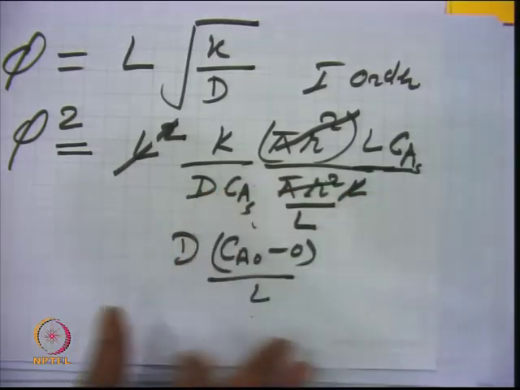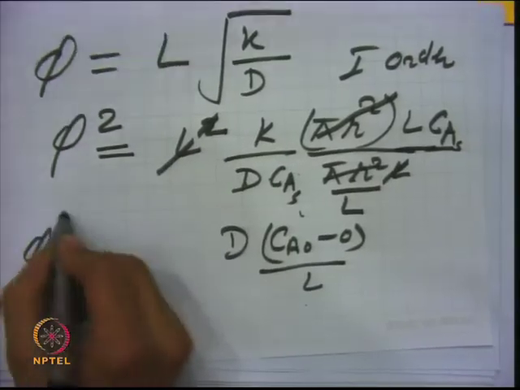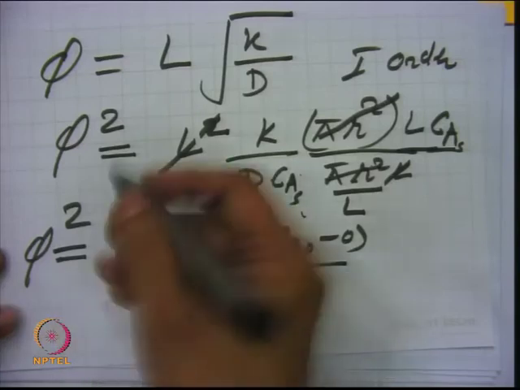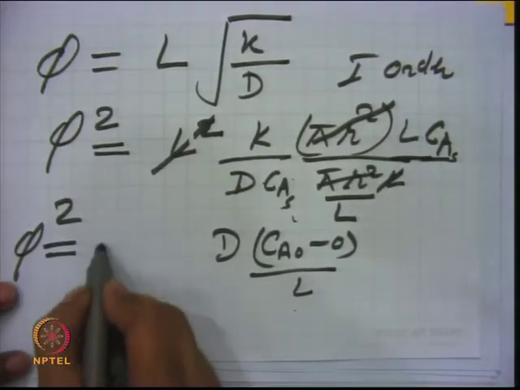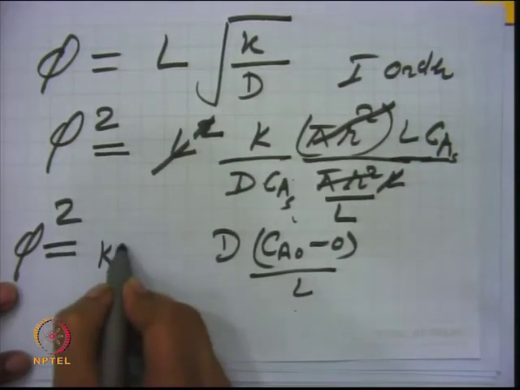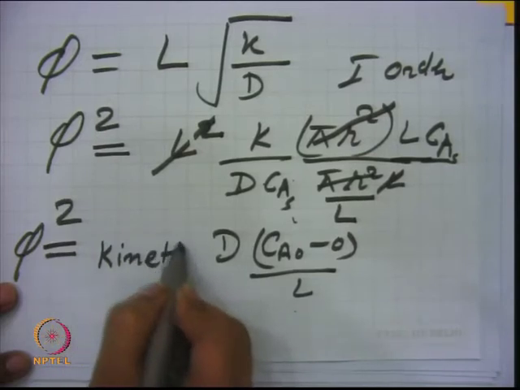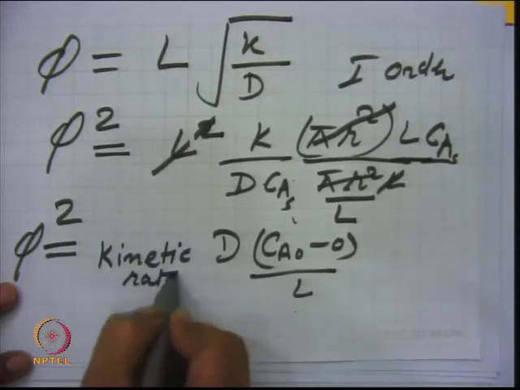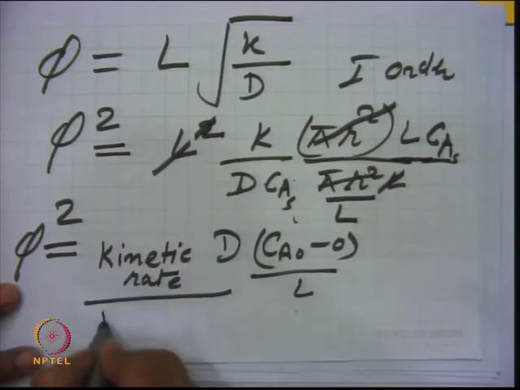So, this is a kinetic rate numerator and denominator is a diffusion rate. So, what is your Thiele modulus square? Phi square, for any first order reaction or any general reaction, is kinetic rate divided by diffusion rate.